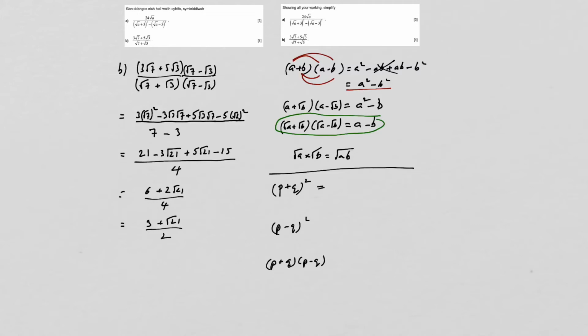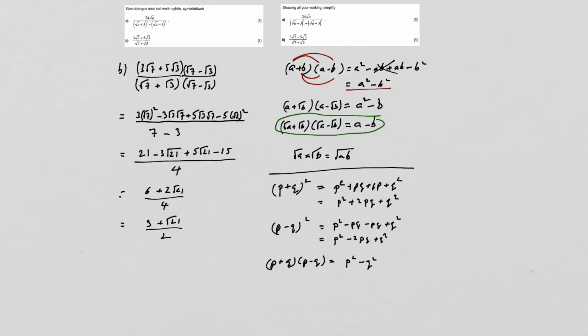So this one becomes p squared plus pq plus qp plus q squared, and in fact that's going to be p squared plus 2pq plus q squared. And p minus q becomes p squared minus pq plus q squared, because minus times minus, and that becomes p squared minus 2pq plus q squared. And as we've seen previously, this one becomes p squared minus q squared. I'm not going to do the working out for that again.